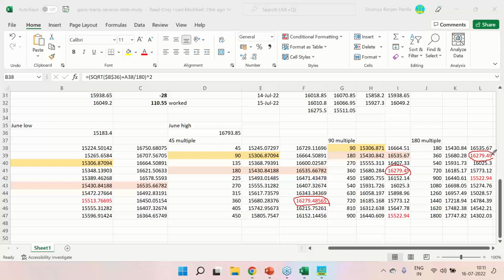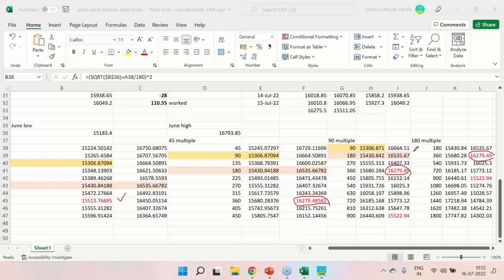So far in July, whatever has happened is perfectly aligning with our calculations, with a very minute difference of 2 rupees, 3 rupees, which is negligible. In Nifty, 3 to 4 rupees of deviation is acceptable, and 10 rupees is also acceptable.